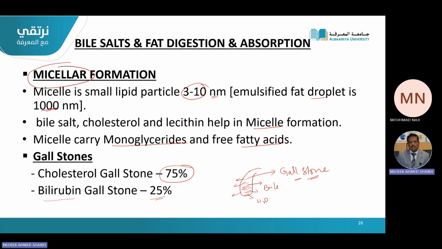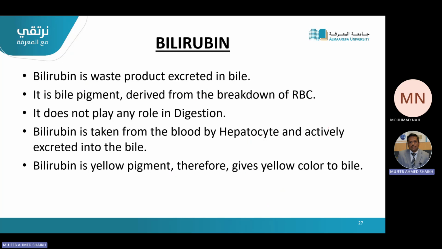Bilirubin stones are 25% and cholesterol stones are 75%. What is bilirubin? Bilirubin is an end product or waste product formed in our body, and it is excreted in bile. It will come into the feces.